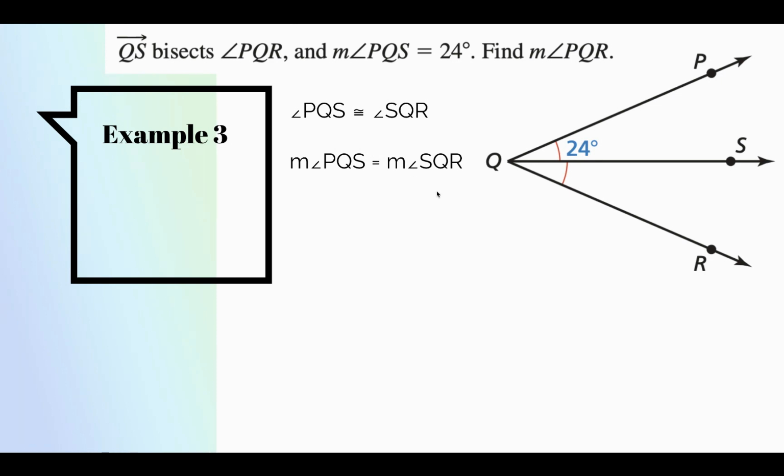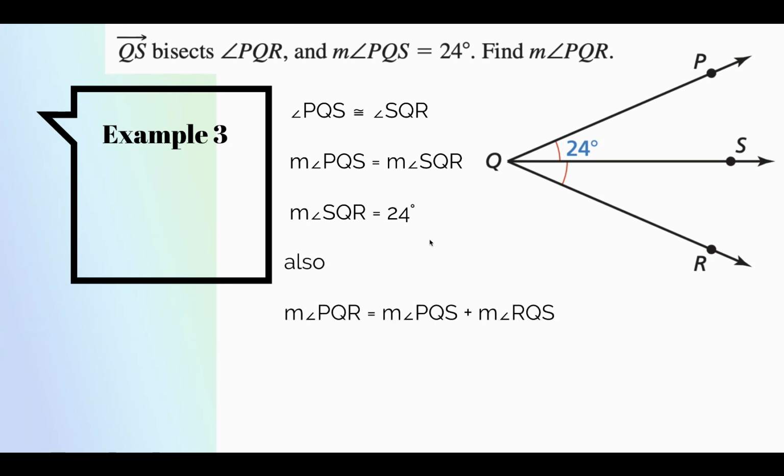All right, so now let's go ahead and substitute in some values. We know that the measure of angle SQR has to also be 24 degrees. Since this is 24 degrees and this is equal to it, this must also be 24 degrees. What else do we know?